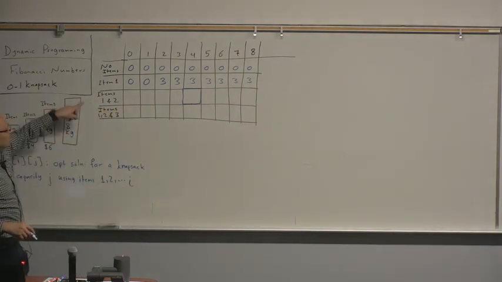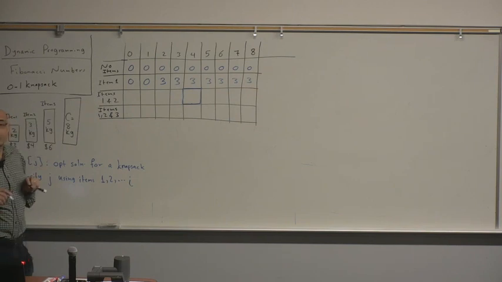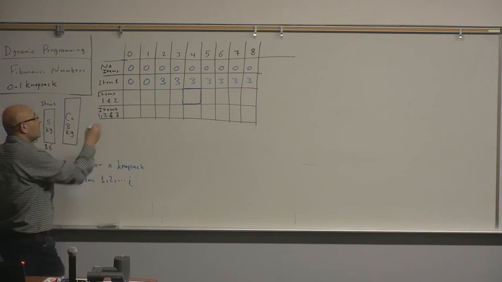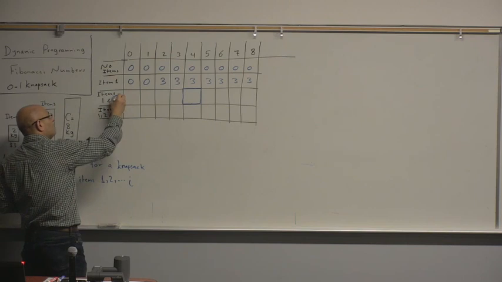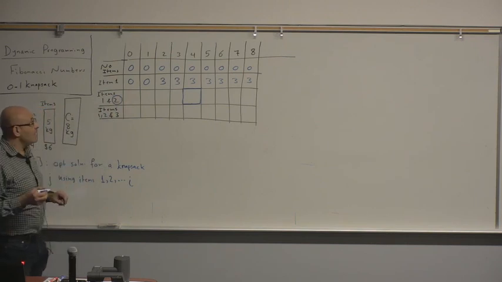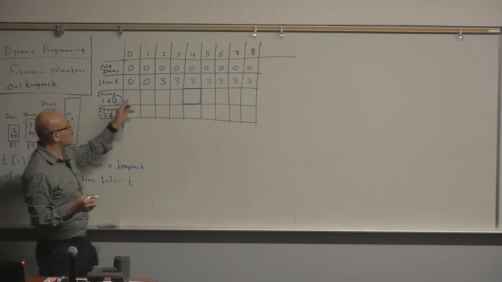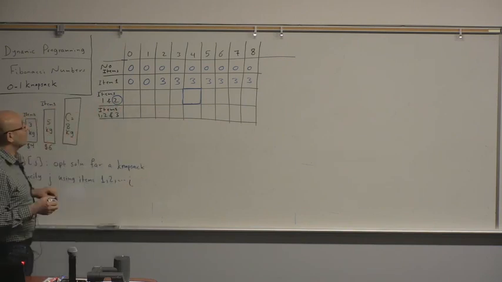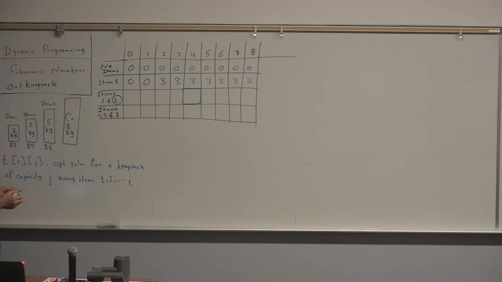Now, we're considering both items 1 and 2. So the new item that we are considering now is item 2. When will things start to make a difference? When we get to what capacity? Capacity 5? No, 3.